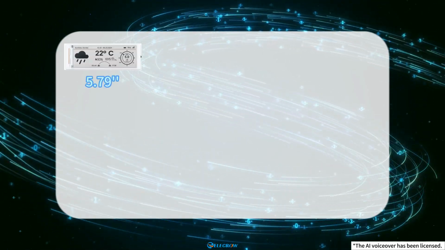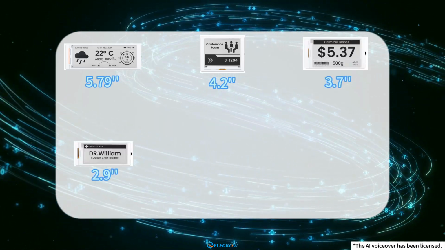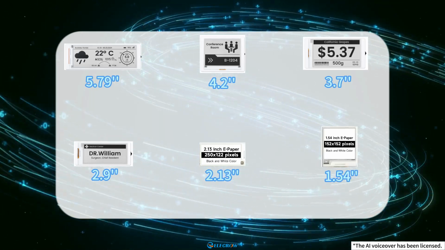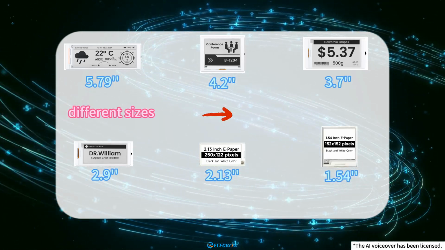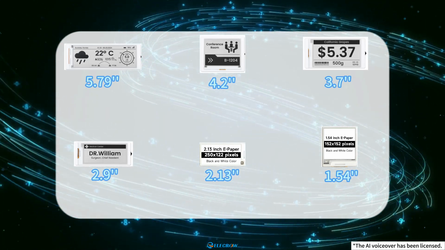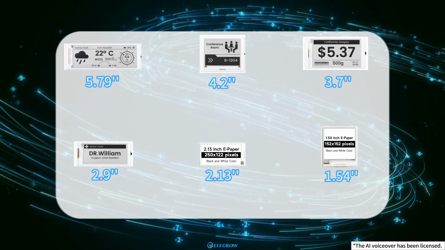For the 6 sizes included in this tutorial series, 5.79 inches, 4.2 inches, 3.7 inches, 2.9 inches, 2.13 inches, and 1.54 inches, due to their different sizes, the range of text that needs to be displayed is also different. You need to choose the appropriate font and display range according to your actual needs.